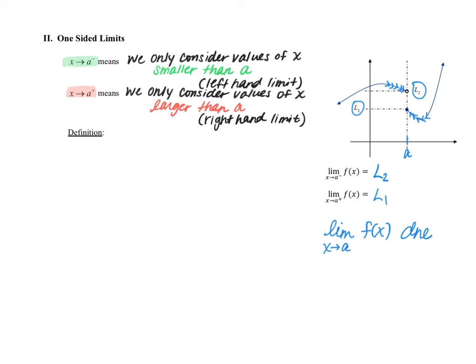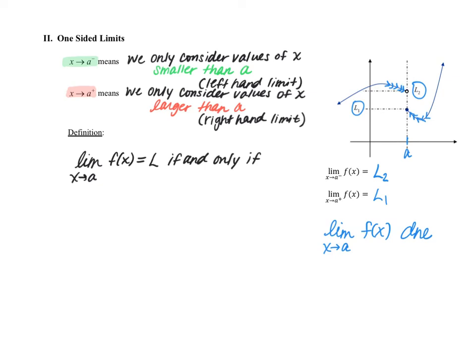So our definition is that the limit as x approaches a of some function f of x, this means I'm approaching from both sides, this limit will equal L if and only if the right-hand limit is equal to the left-hand limit. But let's write that out in symbols rather than words.